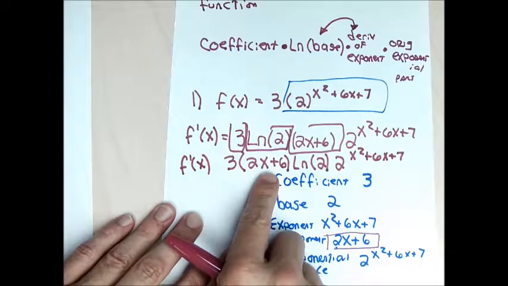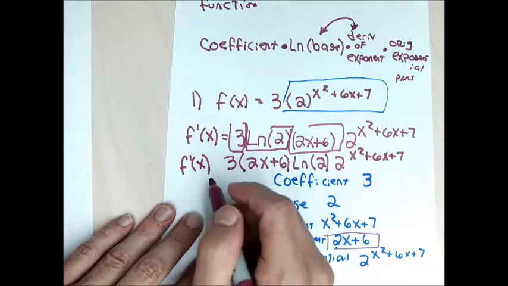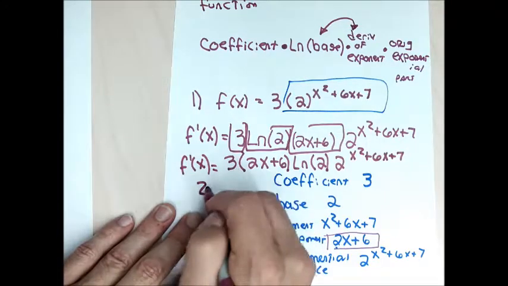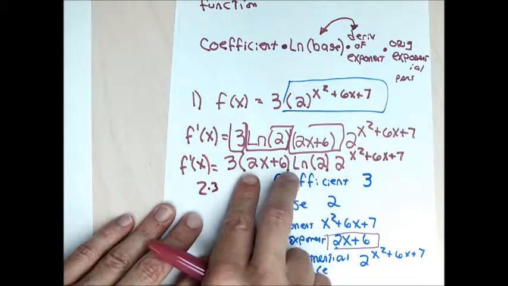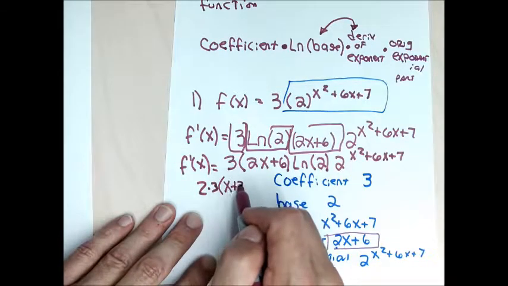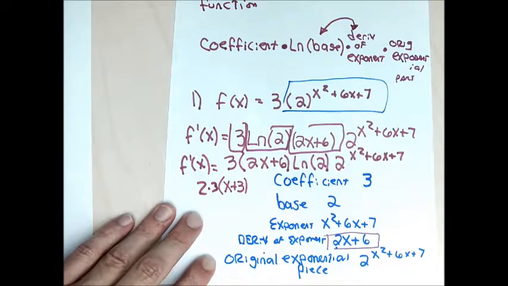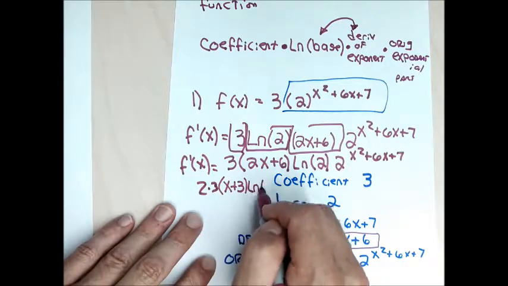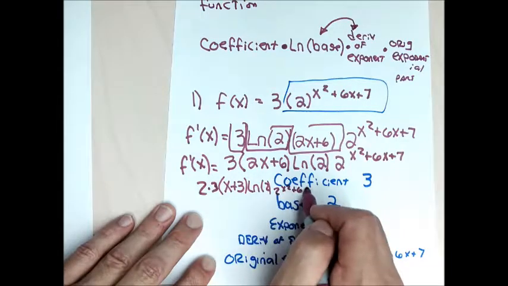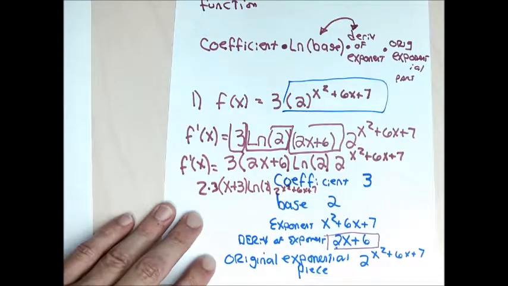There's a common factor of 2 there that I probably should factor out. If I factor out a 2, I'd multiply the 2 that I factor out by the 3 that's already there. If I factor out a 2 from this, I divide both numbers in the parentheses by 2 and get x plus 3, and then I'm running out of room. And then the natural log of 2 times 2 to the x squared plus 6x plus 7.